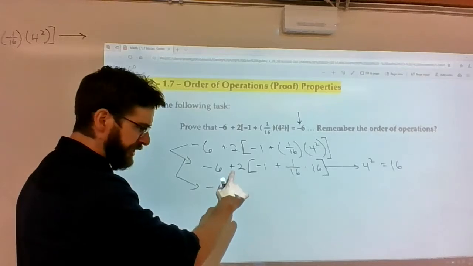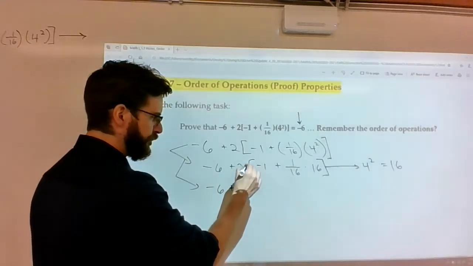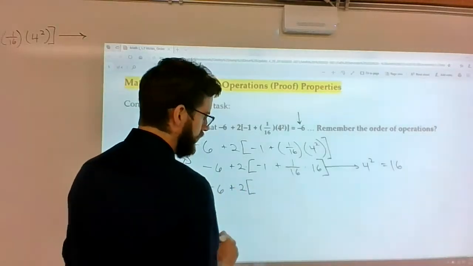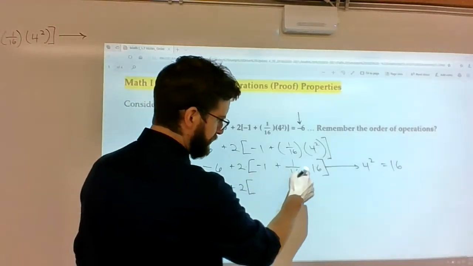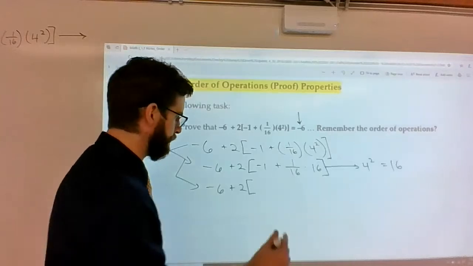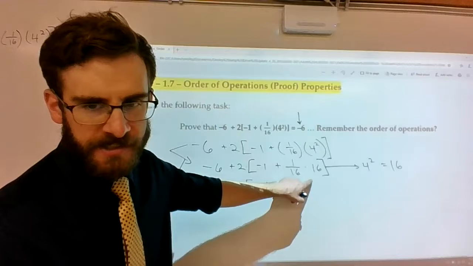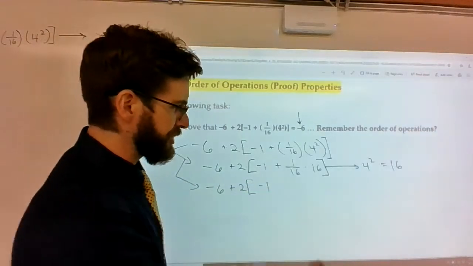Our next move. We can't do this addition yet because the 2 is connected to the brackets using multiplication. Inside here, I've got addition versus multiplication. Multiplication has to come first. So when you think about 1/16 times 16, how do I multiply a fraction times a whole number?